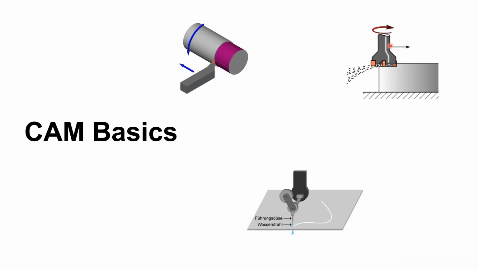In milling, the tool is rotating and the material is standing still. In cutting, we have some kind of abrasive process like water cutting or laser cutting, but also plasma cutting. Cutting is more or less 2.5D machining, only in X and Y. We can't handle multi-axis cutting at the moment.